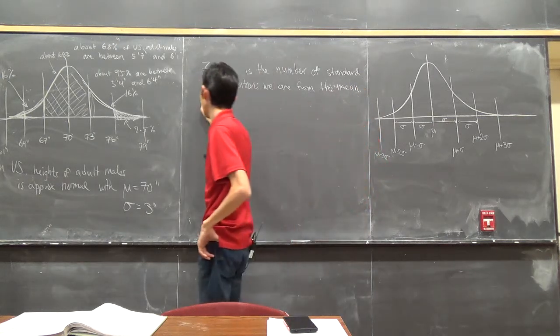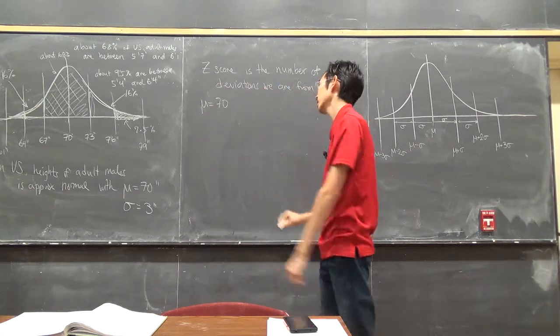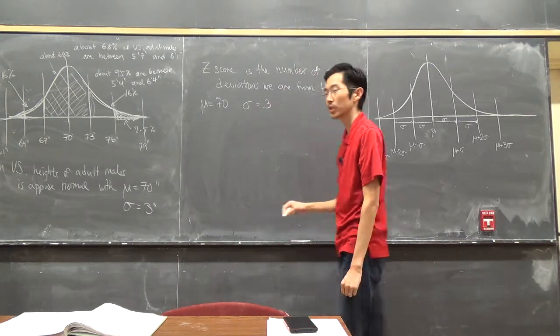So over here I said the mean of heights for US males is 70 inches and the standard deviation is 3.